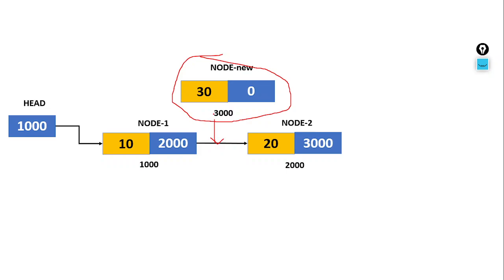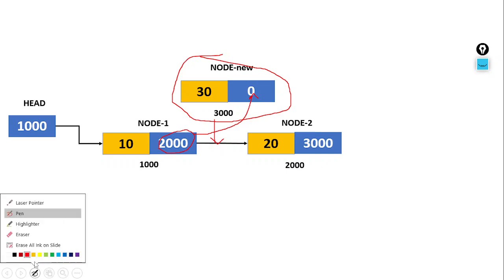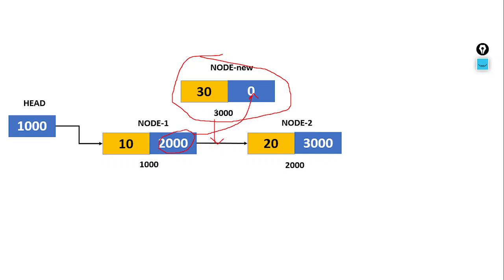I have to load the address of node 1 to the address location of the new node that I am going to load. And next I have to save this new node address to this location, right?